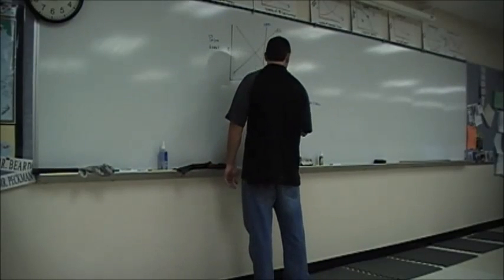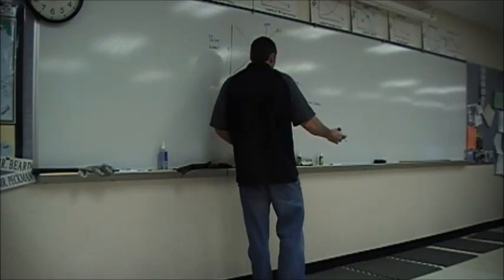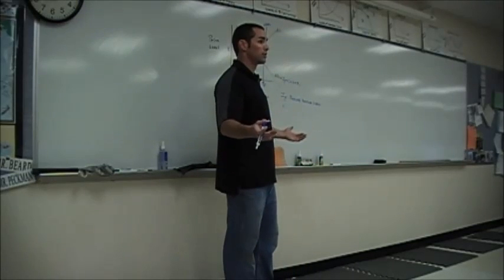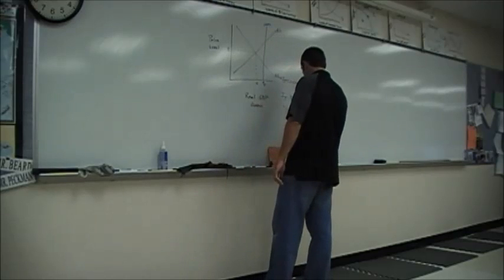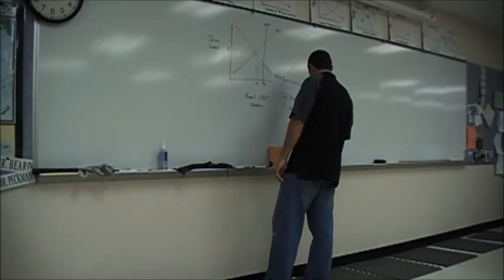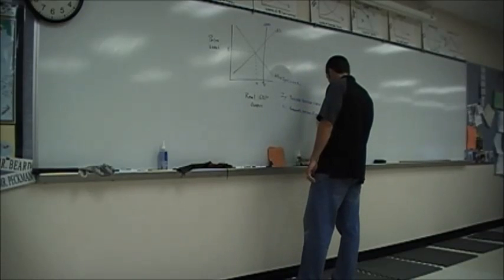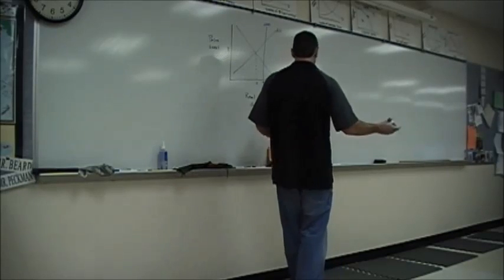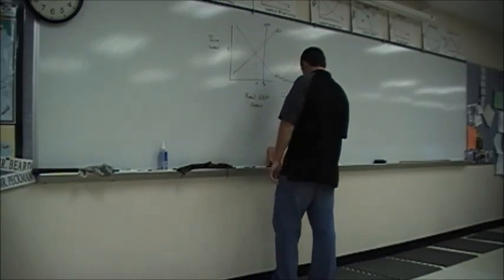And C, what is C? Consumption. It's households purchasing goods and services. That's it. And finally, G. What's G? Government spending.